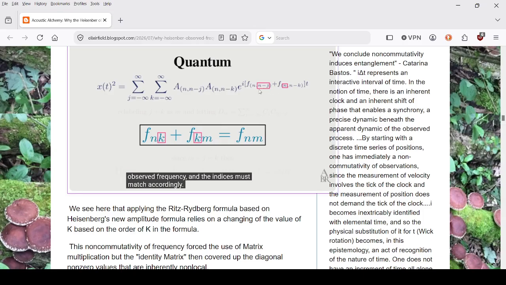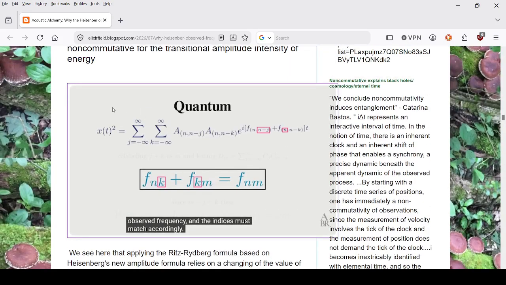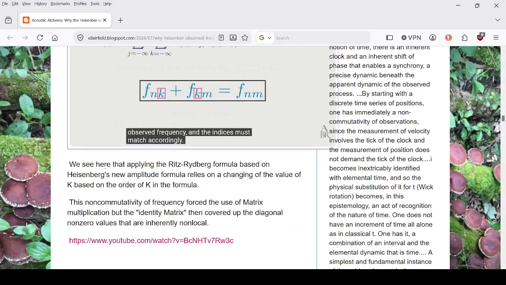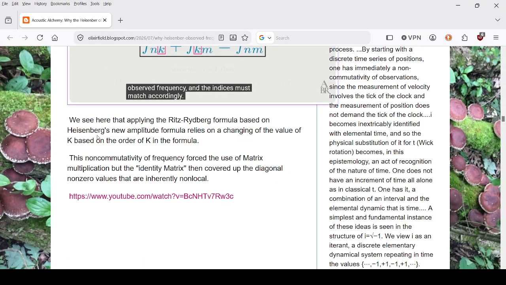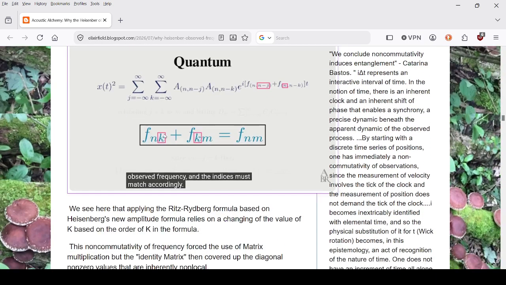So that's exactly the same truth of music that gets passed over because of the logarithms that everybody learns in music theory. They assume it's 12th root of 2 equal temperament tuning, except Alon Khan is the only one who pointed out the truth of music is actually the same truth that Heisenberg discovered as this non-commutative frequency.